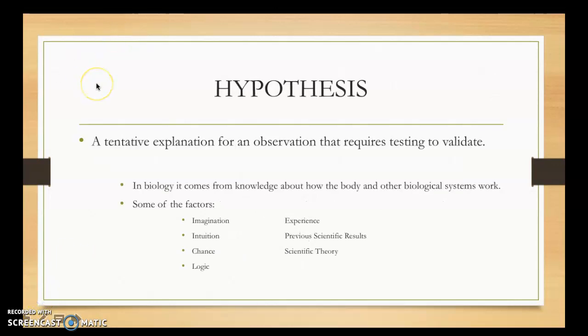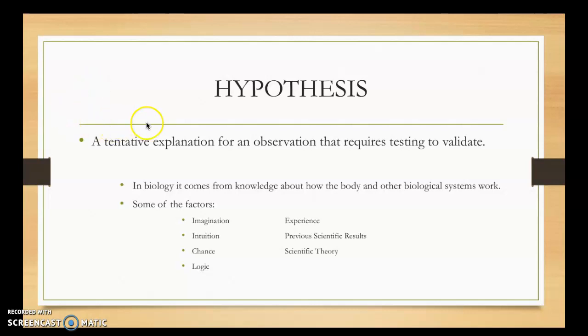So the next step in our process here is a hypothesis. Once we have a question and we've done some research about it, we want to come up with a hypothesis. A hypothesis is usually described by some people as an educated guess. It is a tentative explanation for the observation that you have seen, heard, tasted, felt, or observed, but it needs to require testing to validate.